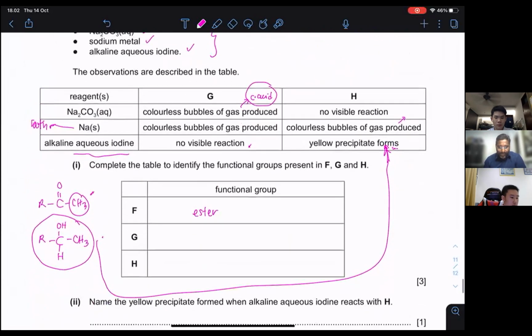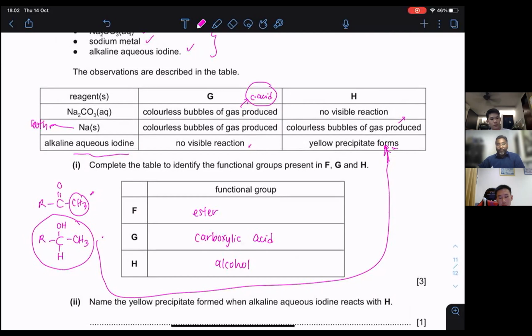So G, we already found out, is carboxylic acid. H, alcohol. Let me check the answer key also. Ester, carboxylic acid, alcohol.